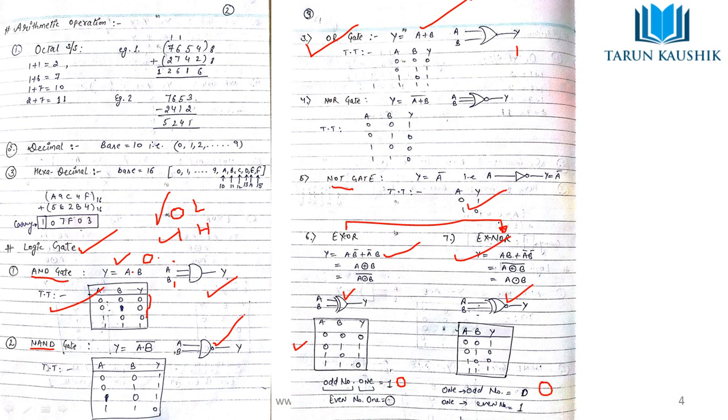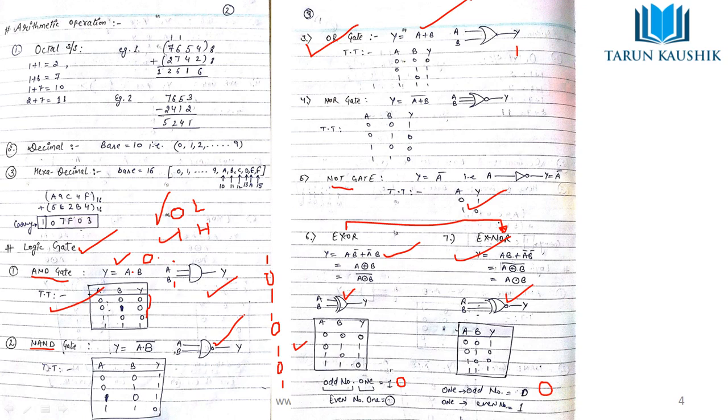Here there were two inputs, but for example there are multiple inputs, for example 1 0 1 1 0 1 0 and 1. How many inputs are there? 1 2 3 4 5 6 7 8. There are 8 inputs. So what will be the output if I am using an XOR gate?